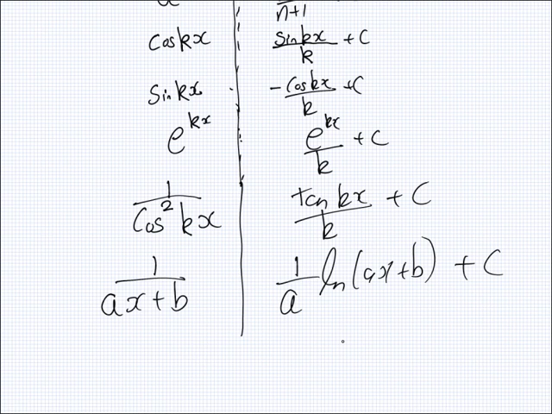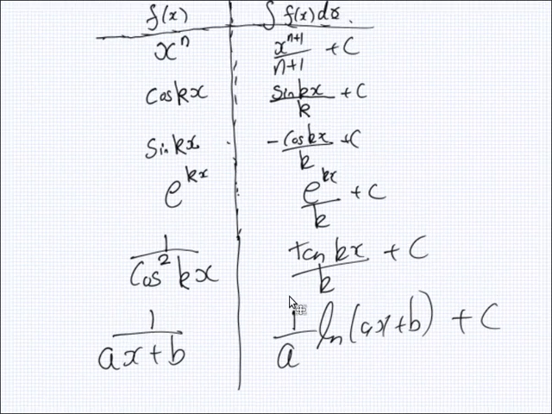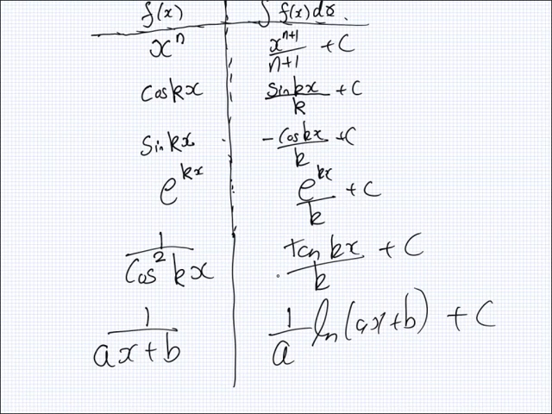That's the special case. Any other rules I missed? Apart from log, have I got all the functions we did last week? Sine, cos, e, cos squared, and 1 over ax plus b. That's them all in the table last week, isn't it?